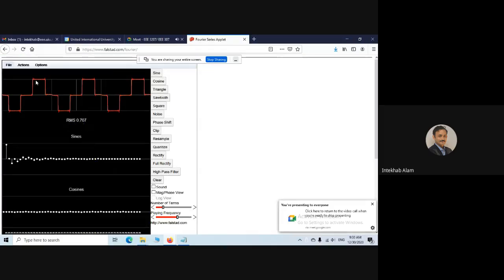Can you see these things now? The output voltage is actually around 50% duty cycle, like the blue one. Is it okay with you? Can you understand?